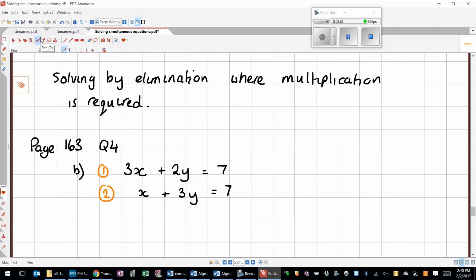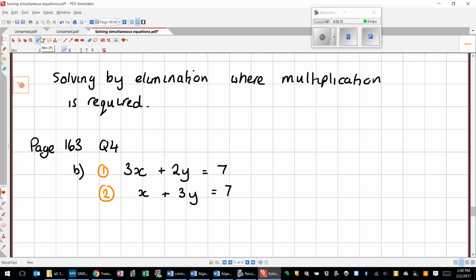If you're open to the fact that I can be getting rid of x, or I can be getting rid of y, I can multiply one, or I can multiply both, which is what we're going to look at today. But in this situation, which one would you multiply and why?